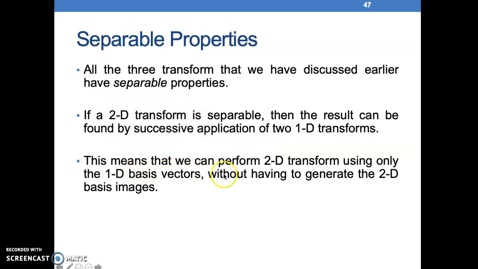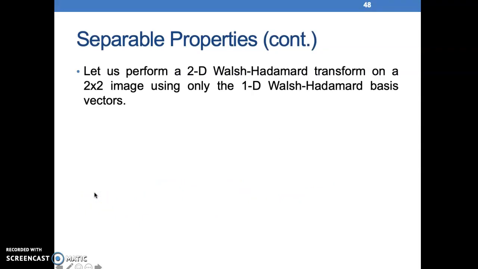This means we can perform the 2D transform using only the 1D basis vector, without having to generate the 2D basis images.